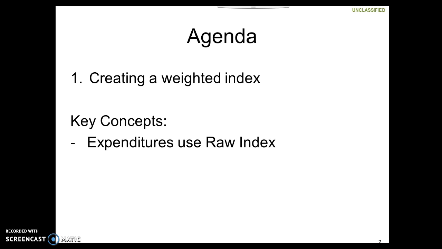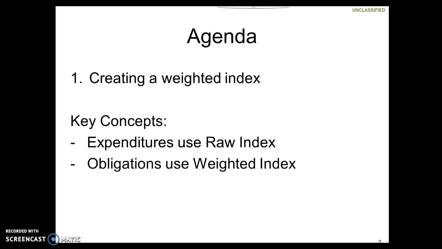This requires not just the value of the computer if it were all bought today, because the manufacturer will be expending the dollars in the creation of the computer over the several years. Now, the Department of Defense often uses obligations, and obligations, which include outlays or expenditures across multiple years, require a weighted index to account for the price change in the subsequent years in which the dollars are expended.